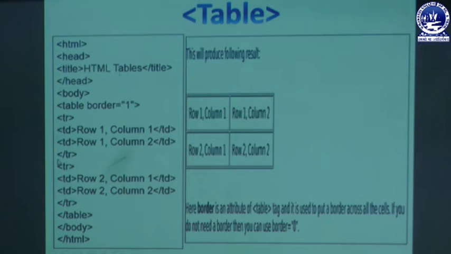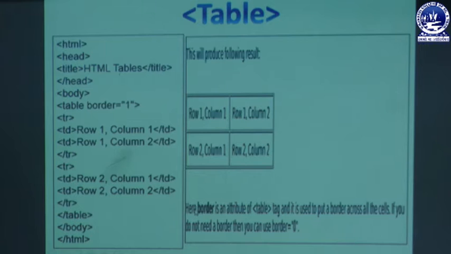That means this table has two rows because we have defined two tr tags, and each row has two columns because we have specified td tags inside the tr tag. If we require more rows or columns, then we can increase the tr container tags. Finally the table tag comes to an end, followed by the body tag and then the html tag.